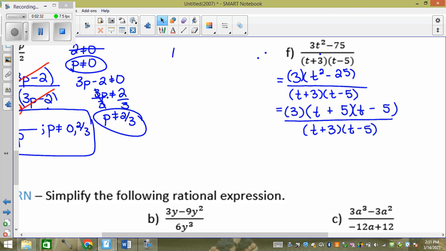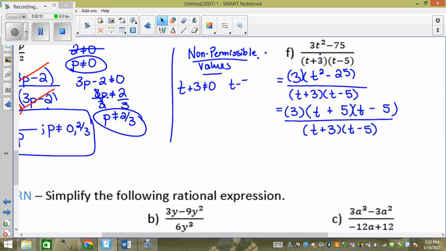So my NPVs are going to be t plus 3 can't equal 0, because if that bracket equals 0, the whole denominator would be 0. And t minus 5 can't equal 0. So t can't equal negative 3. And t can't equal 5.